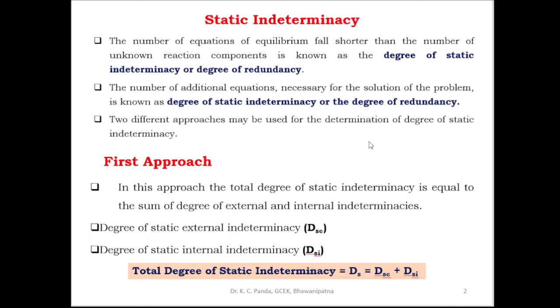First we have to know what are statically determinate and indeterminate structures. Statically determinate structures are those structures which can be analyzed with the help of equations of static equilibrium alone.